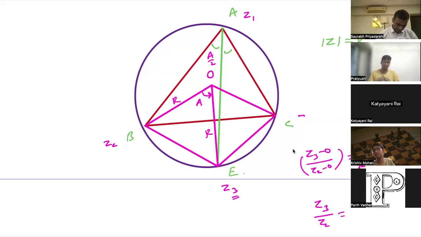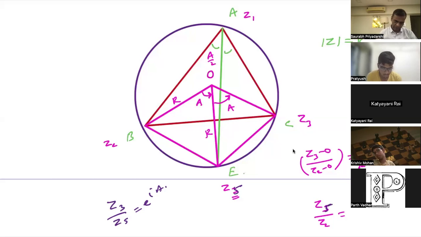Similarly, this angle is again A. Can I say Z3 by Z5 is equal to e to the power IA? This is Z5. This is Z5 by Z, right?